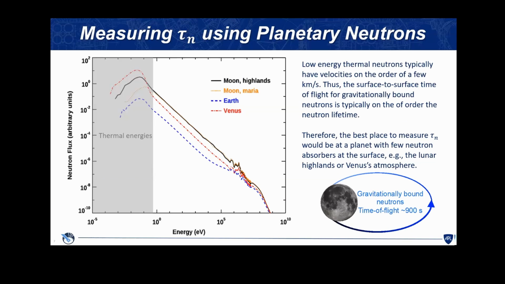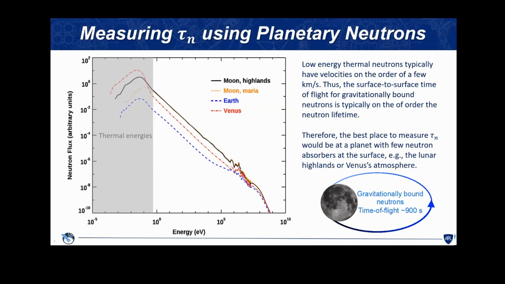So the figure on the left here shows some simulated spectrum for the neutron flux emerging from Venus, the Earth, and the Moon, where the Highlands and the Maria have been separated for the Moon. The reason for that is that the Maria contain several neutron-absorbing elements in high abundances, and that reduces the low-energy thermal neutron flux.